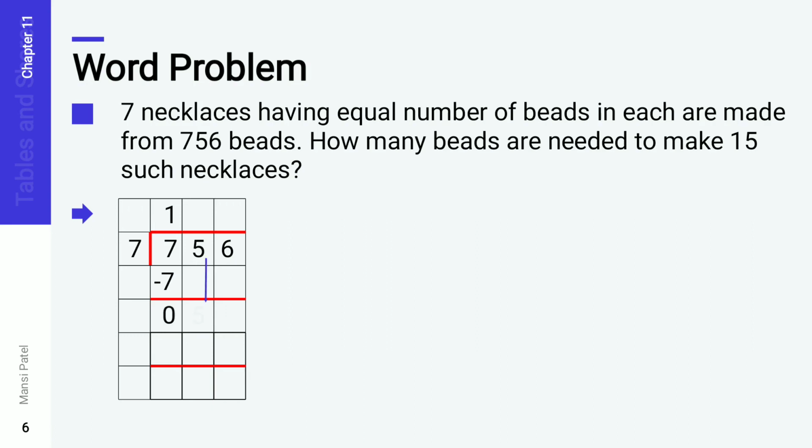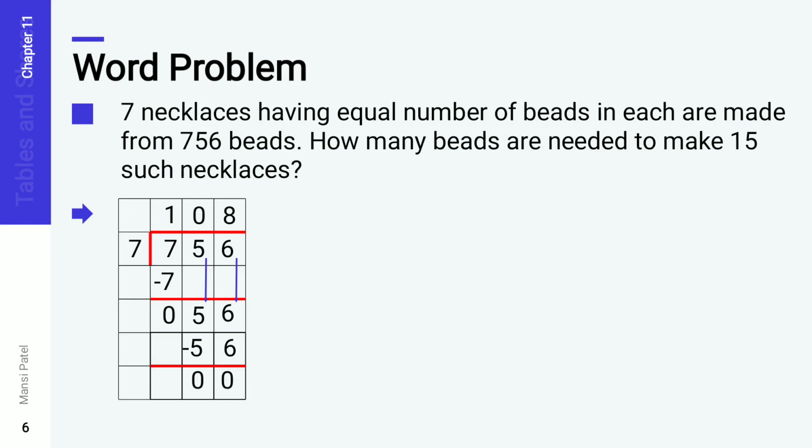Now 5 comes down. This 5 is smaller than 7. So what do you want to do? You have to take 6 down again. But before that, you put a 0, and after that you write 6 down. So it becomes 56. Now in the table of 7 you get the number 56. Yes, where is it? 7 8s are 56. And 56 minus 56, it's 0.